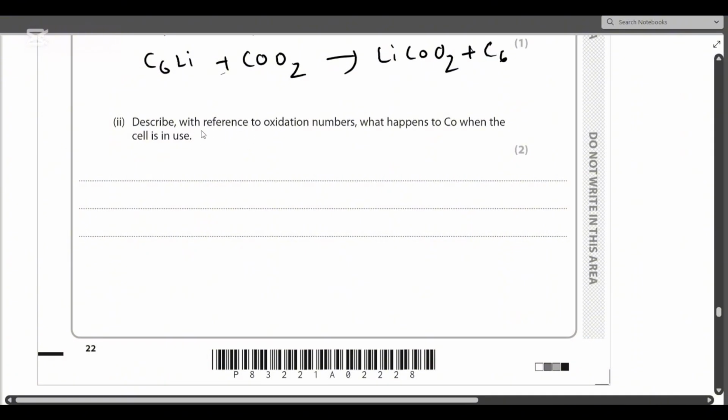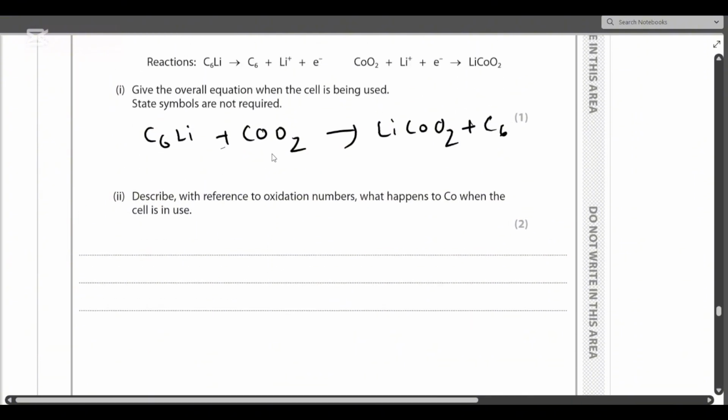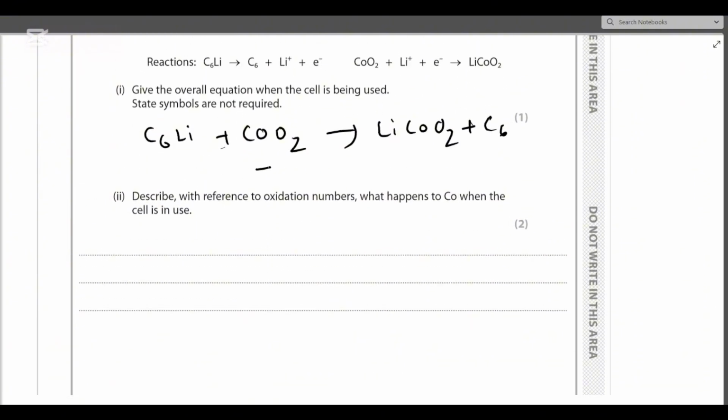Again, the next question says, describe with reference to oxidation number what happens to cobalt when the cell is in use. Remember, when the cell is in use, reduction of cobalt takes place because we can see that the oxidation number of cobalt changes from +4 to +3.